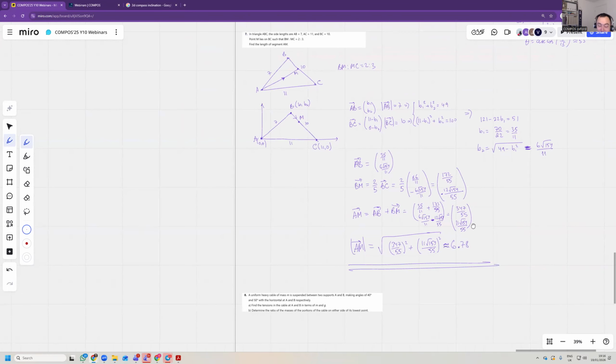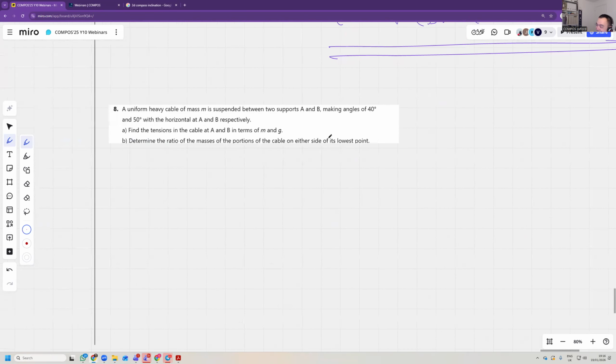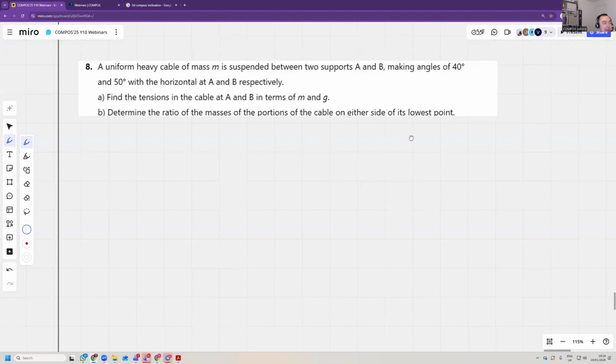The next problem is one of my favorites. This is similar to the last problem on the assignment. A uniform heavy cable of mass m.